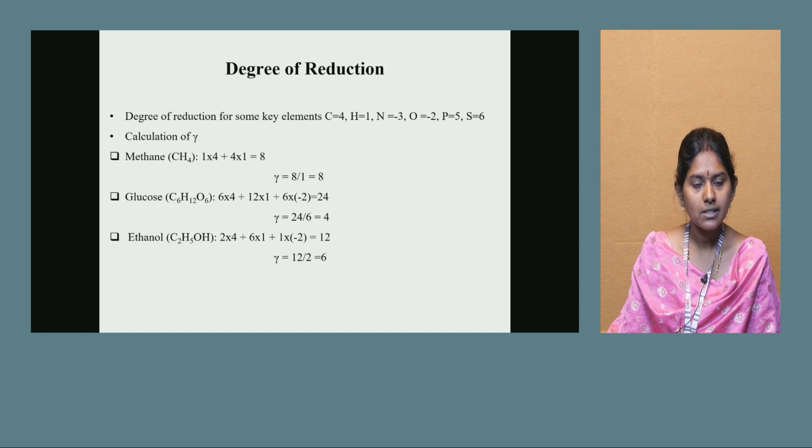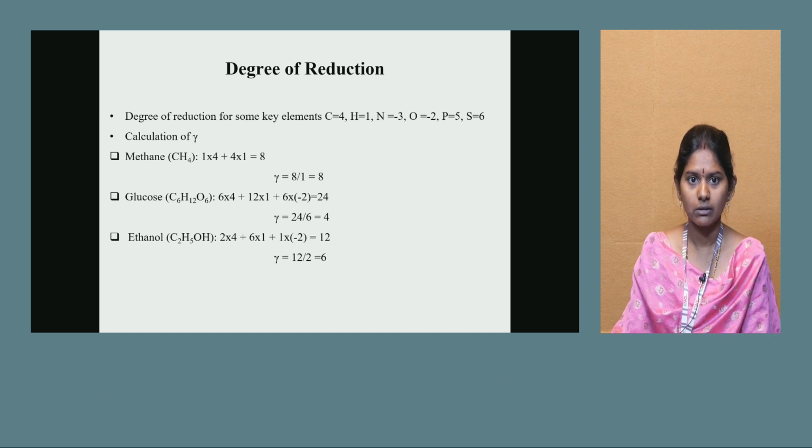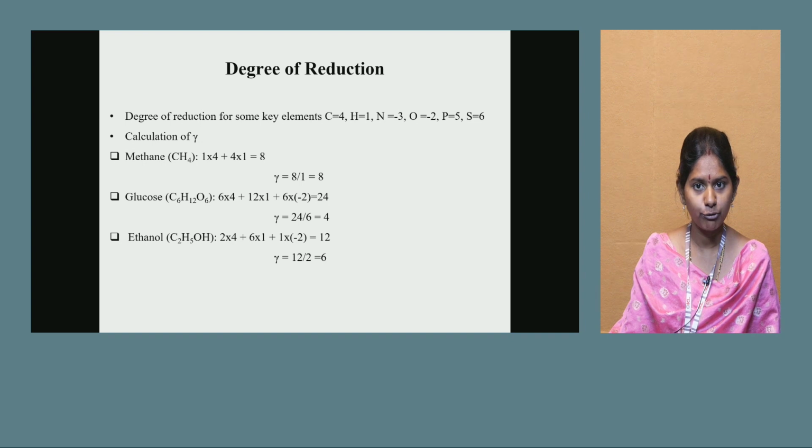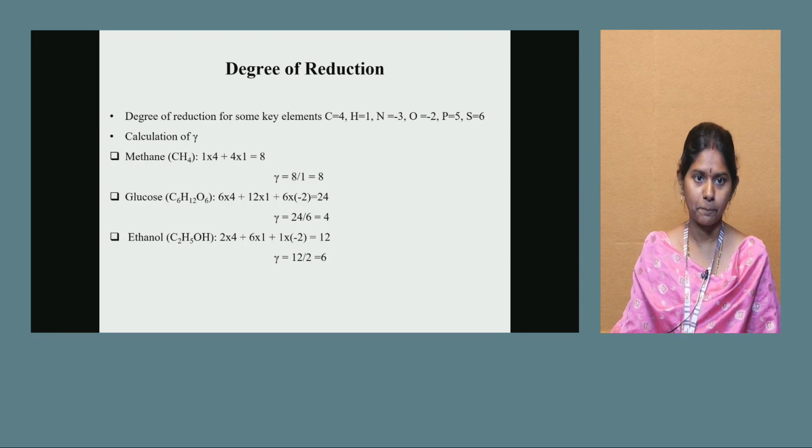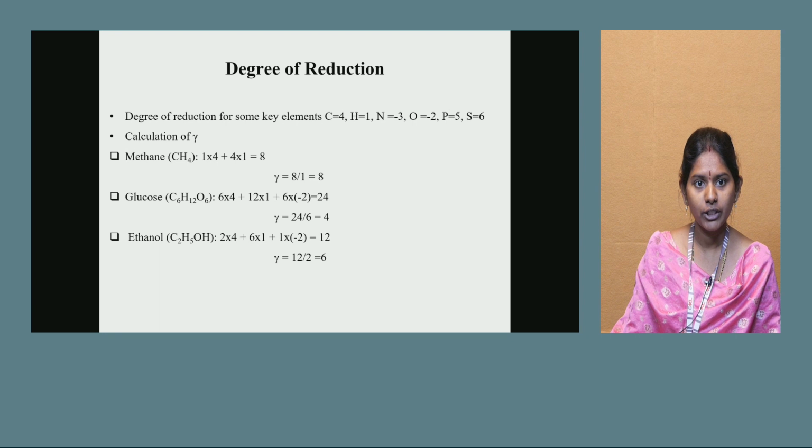If we consider this previous reaction, the degree of reduction for some elements are: for carbon it is 4, for hydrogen it is 1, for nitrogen it is -3, for oxygen it is -2, for phosphorus 5 and sulfur 6. This degree of reduction is denoted by the symbol gamma.